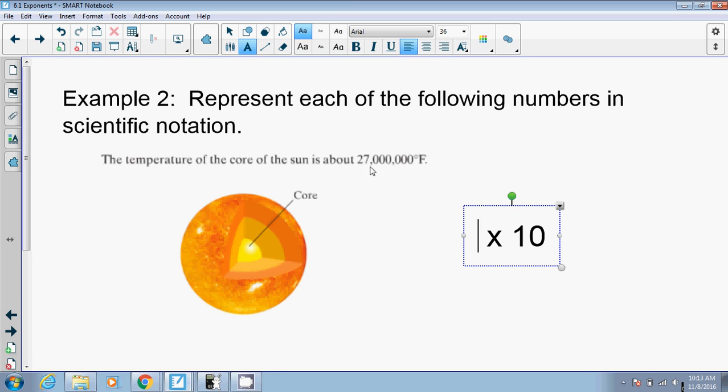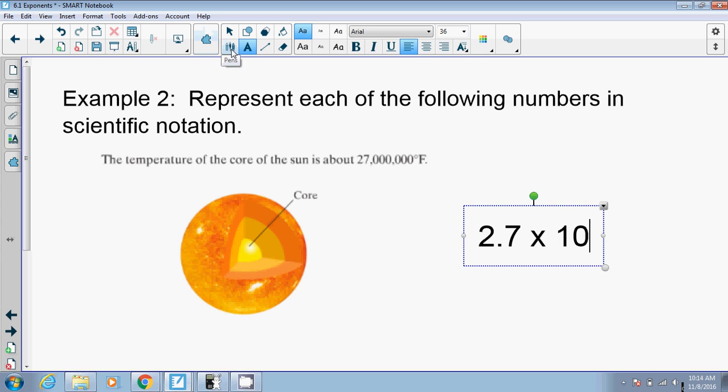If I put 0.27, that's not okay because it's not between 1 and 10. So if I put a decimal between the 2 and the 7, I get a value between 1 and 10. When we look at this number, we hopefully notice it's a large number. It's not a decimal, so I know my exponent on my 10 will be positive.